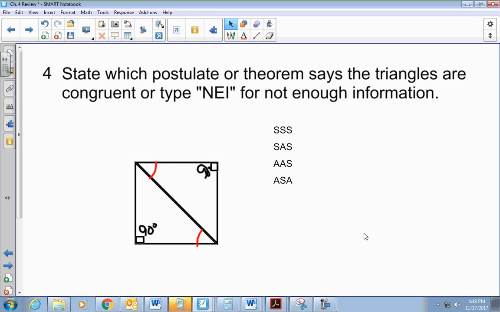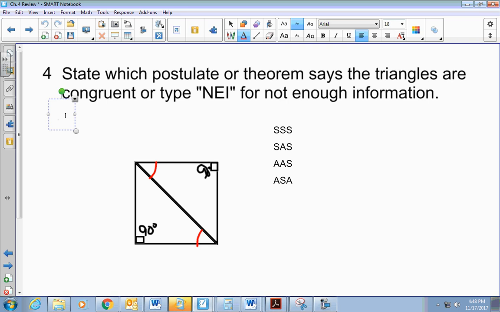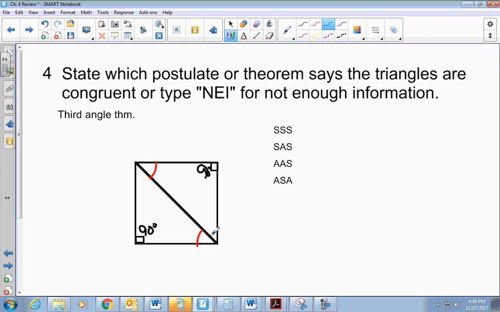And we can say by third angles theorem, so let's throw this down. I haven't taught my students hypotenuse leg, so I'm going to ignore that one for this case. So by third angle theorem, if two angles in a triangle are congruent, we can say that the third angle is also going to be congruent. So we'll put a little congruent mark here. Okay.